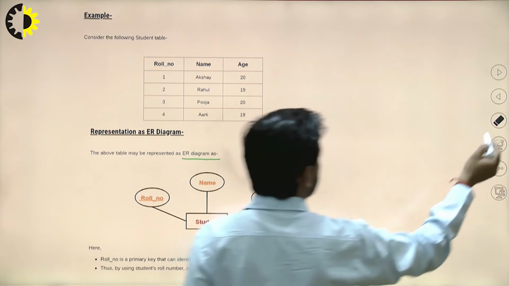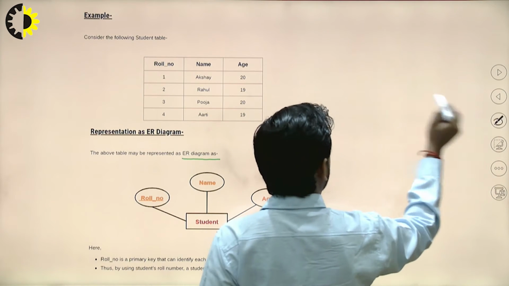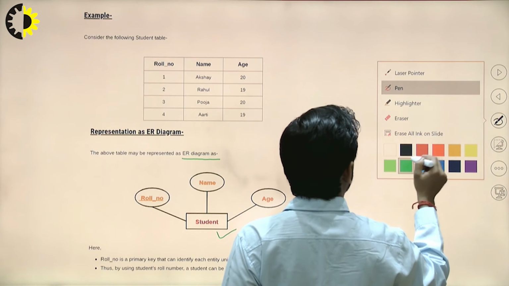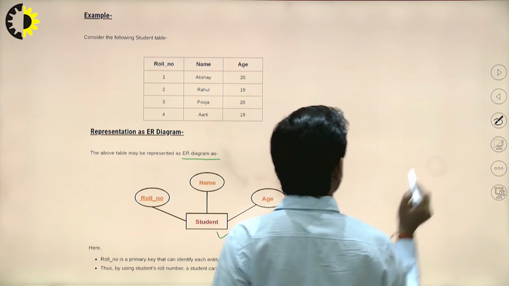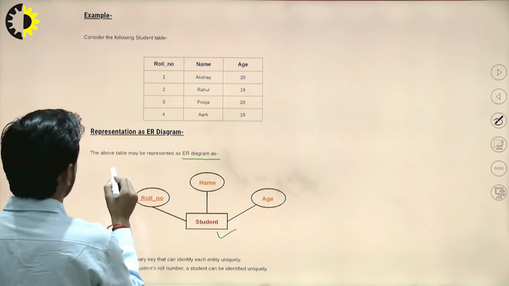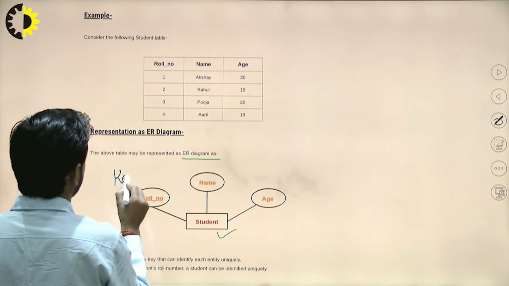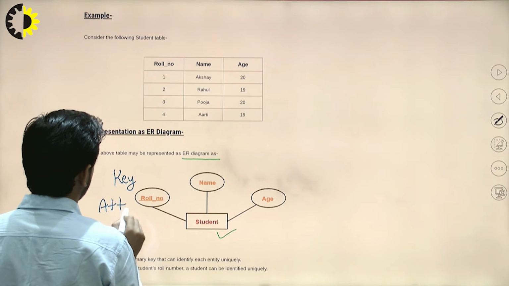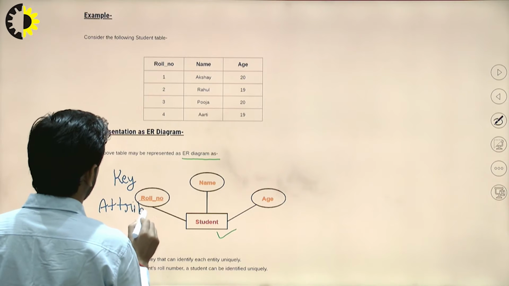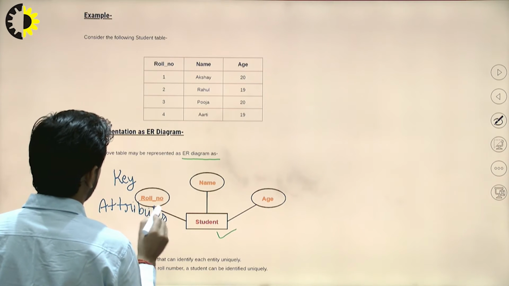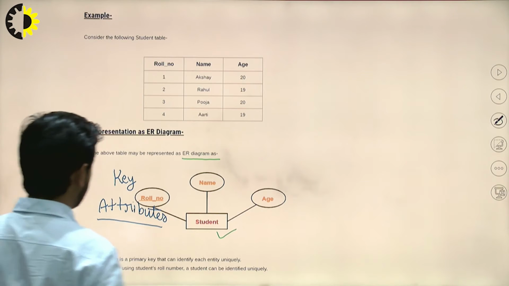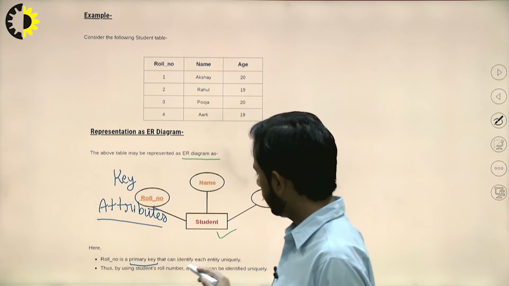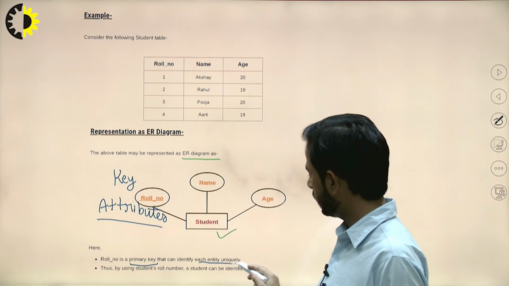This roll number is a key attribute. Roll number is the primary key that can identify each entity uniquely.